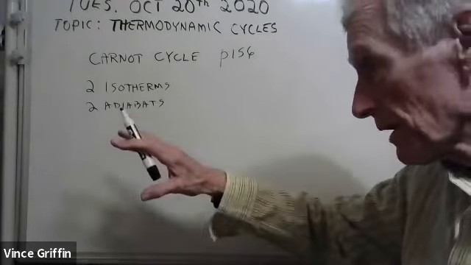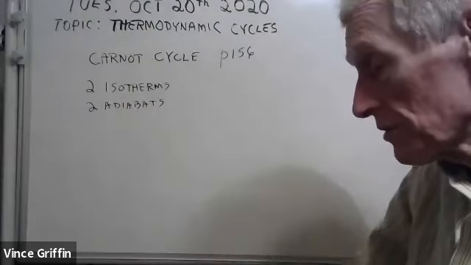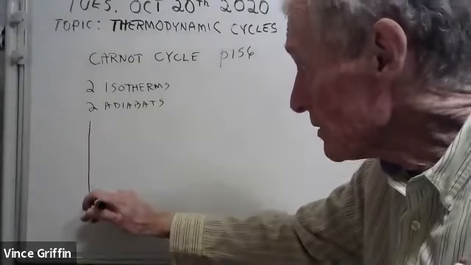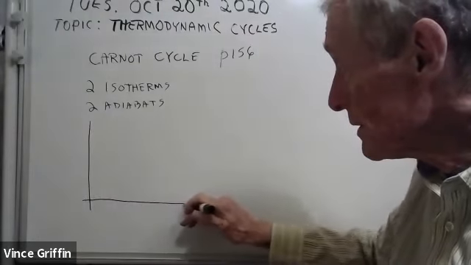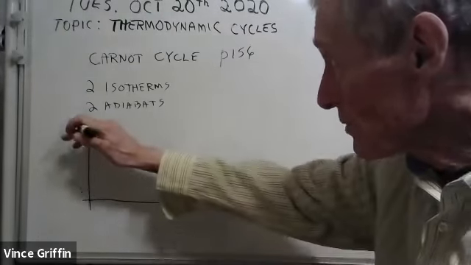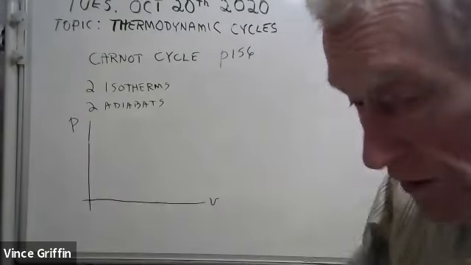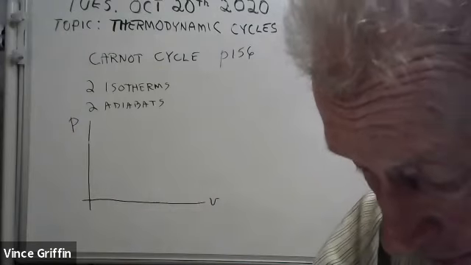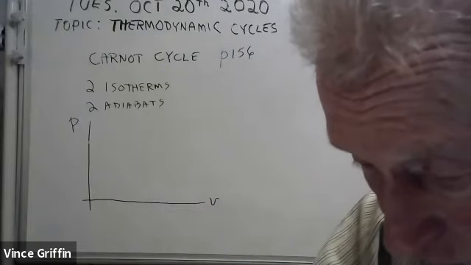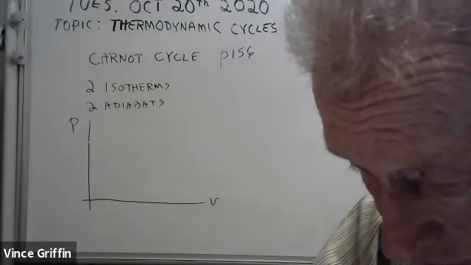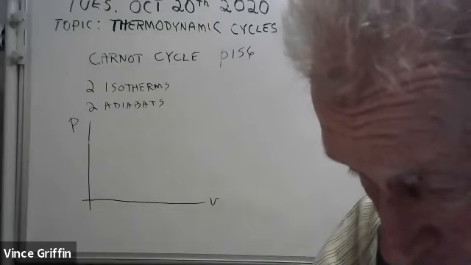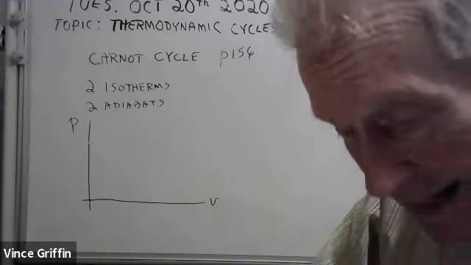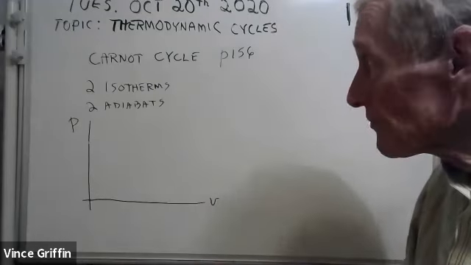But whatever you have, you got two isotherms and two adiabats. Now, if you have an ideal gas, here's what the PV diagram will look like. If you have an ideal gas, there won't be any vapor dome. Quit putting vapor domes on ideal gases, you people out there. Quit it. You don't liquefy, it's a gas, it's an ideal gas.